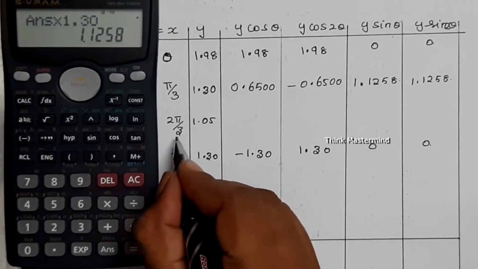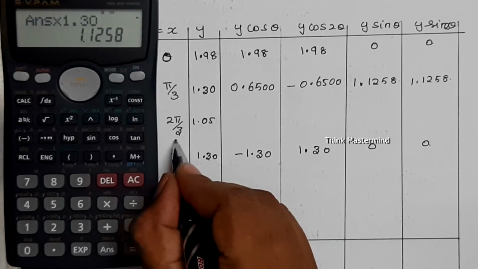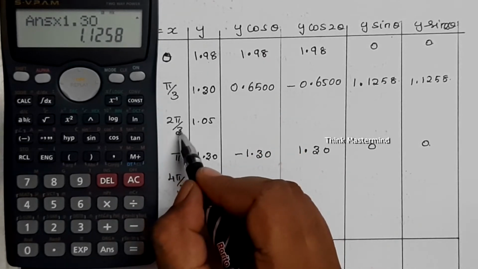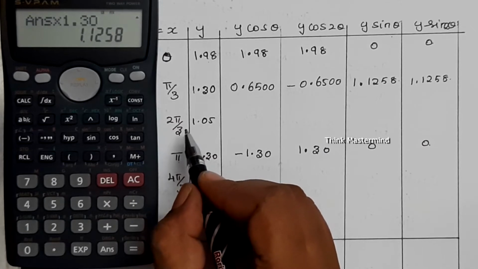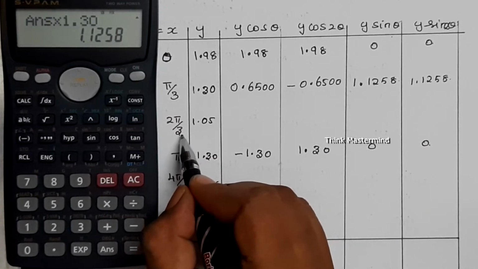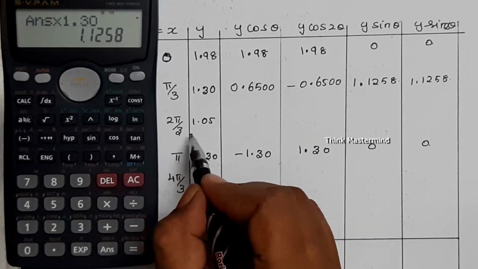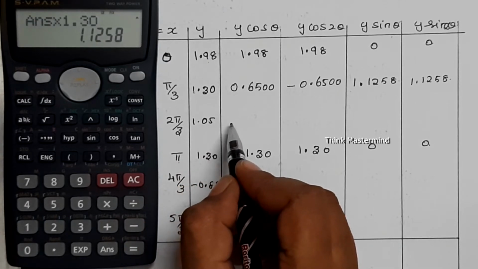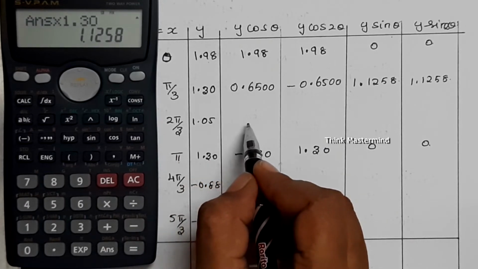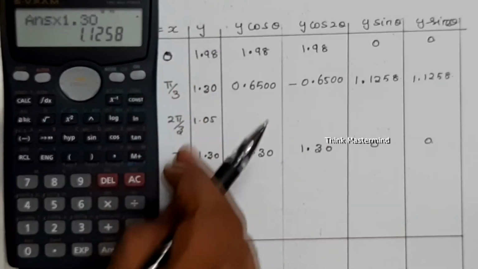Next one, we are going to find 2 pi by 3. So cos theta with theta equal to 2 pi by 3. The 2 pi by 3 can be written as pi minus pi by 3, that is in the second quadrant. Cos pi by 3 value is 0.5 and minus 0.5 we got. Otherwise you have to use the calculator.